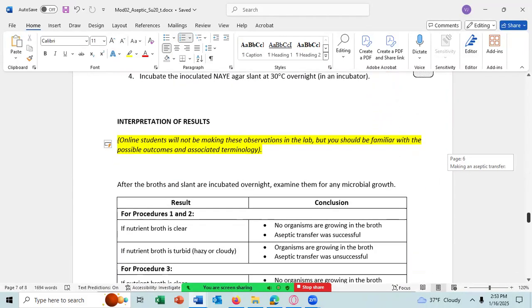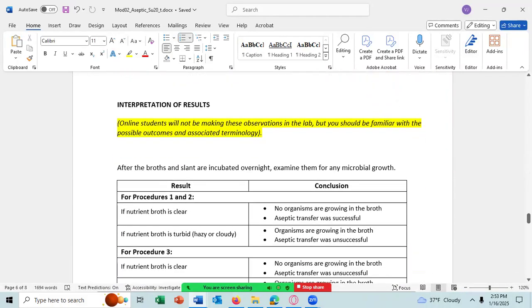Then you get the tube to grow in the incubator overnight for about 24 hours and then take a look at the tube. For procedure 2, if the nutrient broth is clear, using this table you need to give a conclusion: no organisms are growing in the broth, and aseptic transfer was successful.